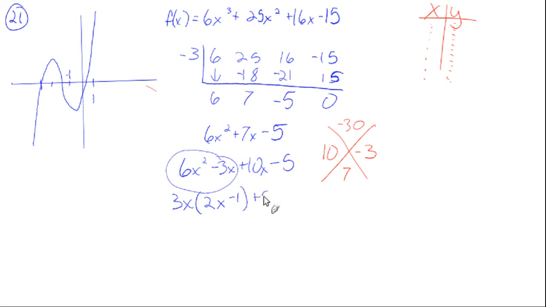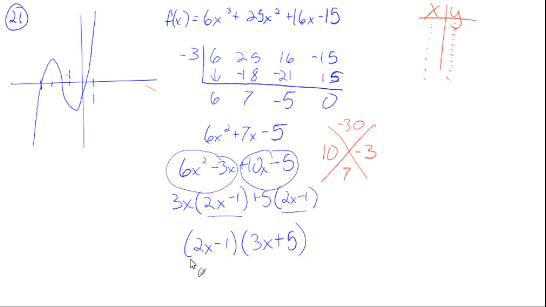And we'll take out a 5 and get 2x minus 1 out of that group. And now both of these, as should happen, have a common factor of 2x minus 1. There's our factored form of this function.